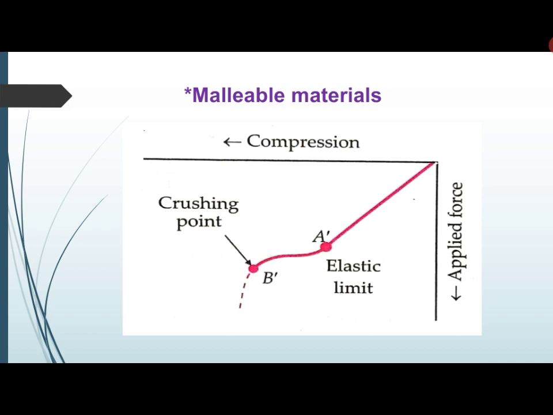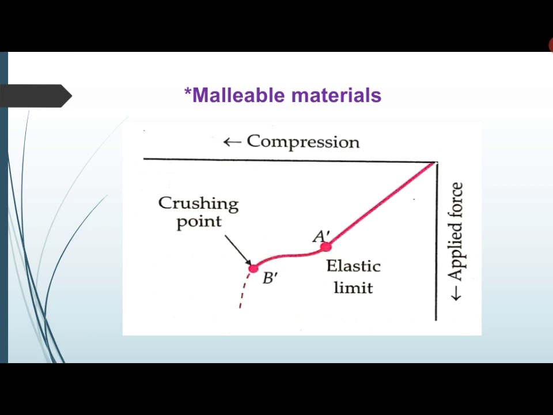Now beyond this elastic limit, if the force is being removed, in that case the solid substance behaves as a plastic body, and the yield point B dash is obtained under the compression, which is known as the crushing point. That is, we are applying the force on the object and the object is being crushed beyond this elastic limit.